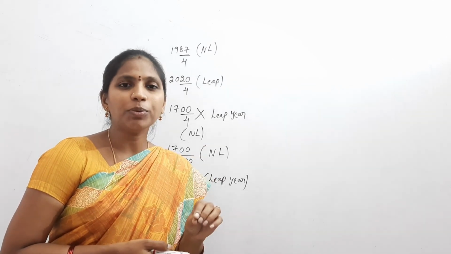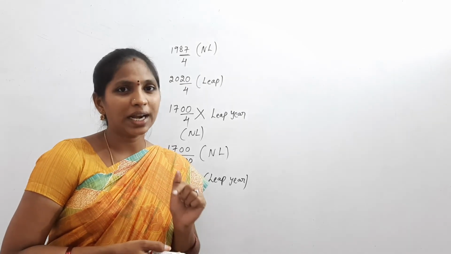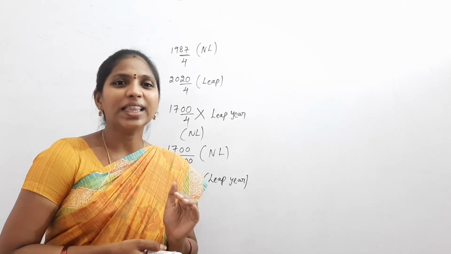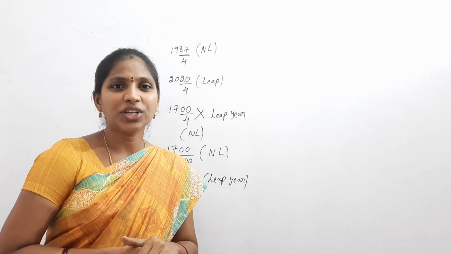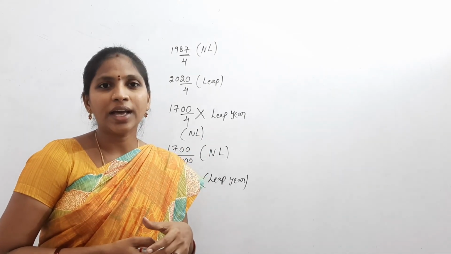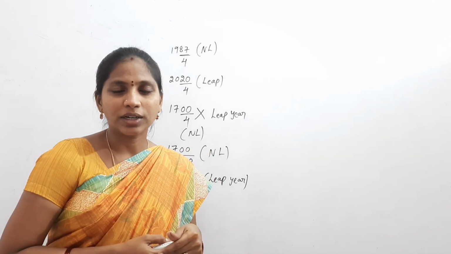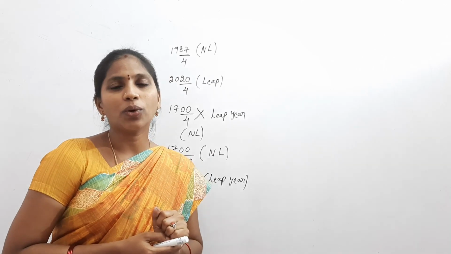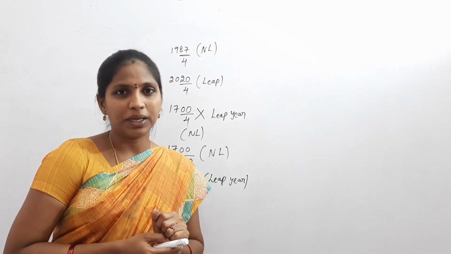If it is a multiple of 100, then check whether it is divisible by 400 or not. If it is completely divisible by 400, then it is a leap year. Otherwise, non-leap year. Another condition is if the year is not a multiple of 100, then go for divisibility by 4. Divide by 4. If you get remainder 0, then it is a leap year. Otherwise, it is a non-leap year.